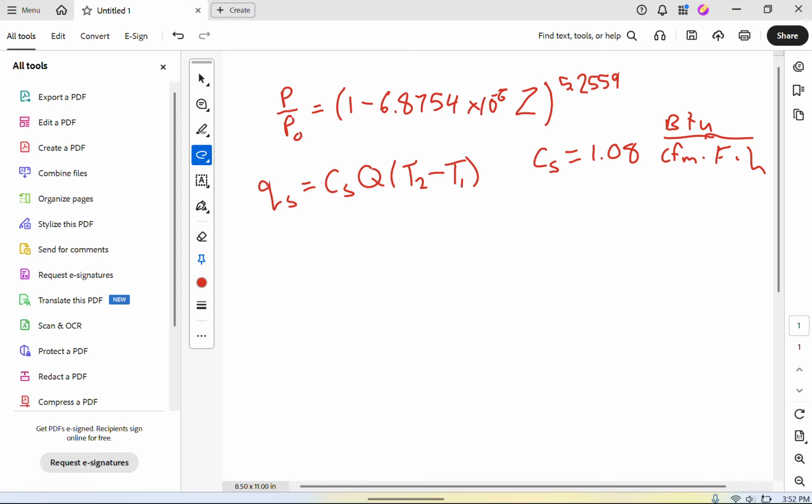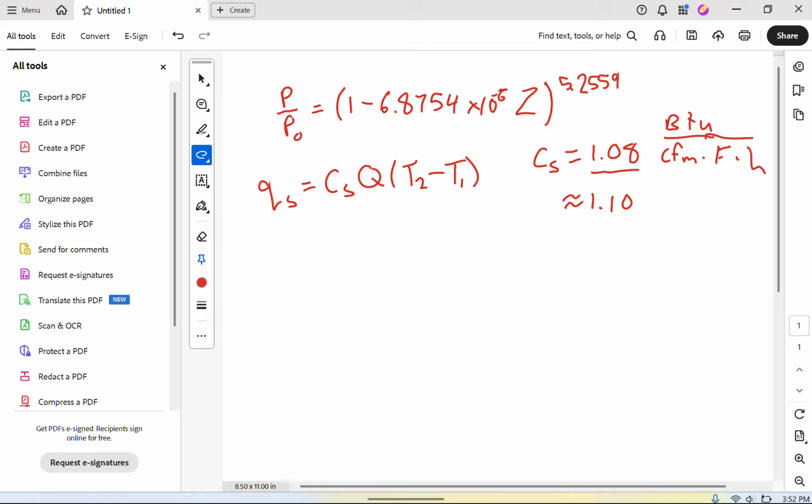Now, the important thing to note here is that CS is not a variable, but it can change depending on certain factors. So 1.08 is assuming perfectly dry air. As humidity is introduced into the air, that value actually does change, and some people will estimate it at about 1.10.